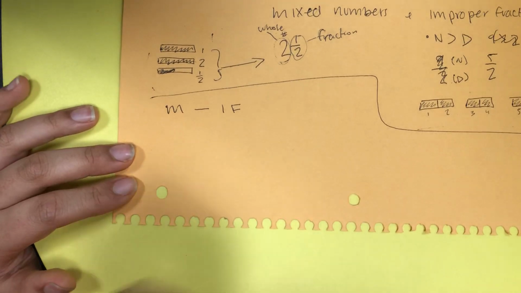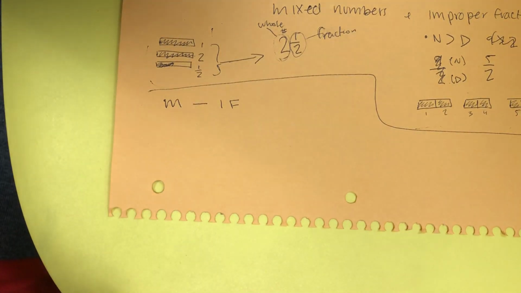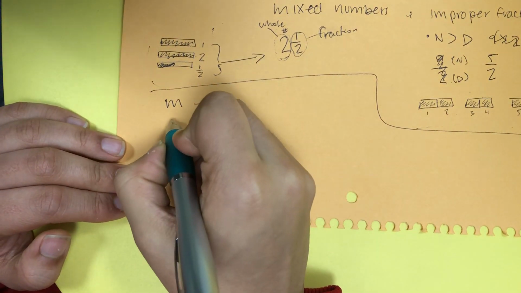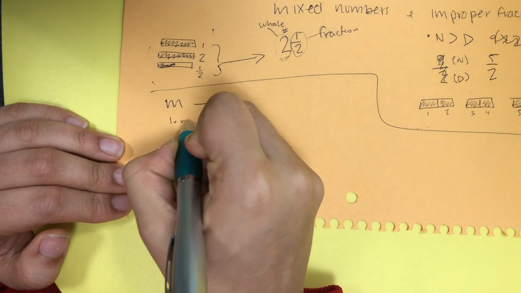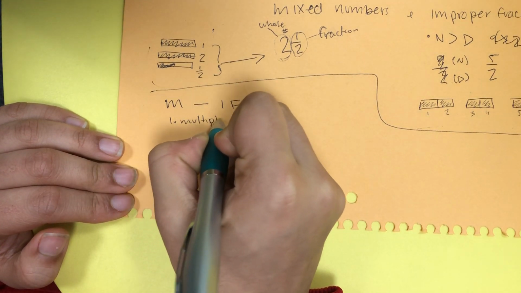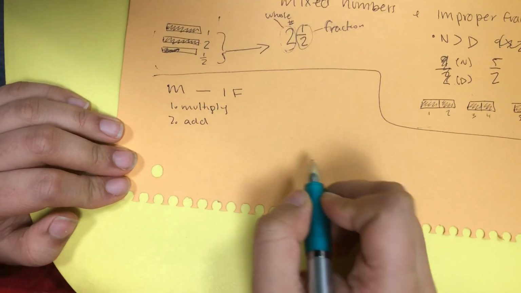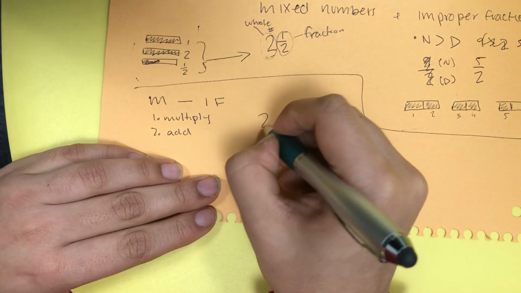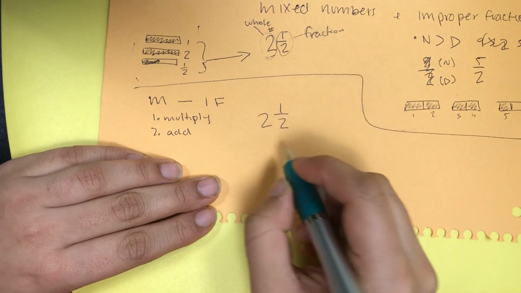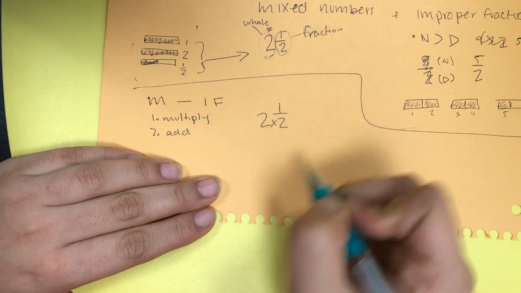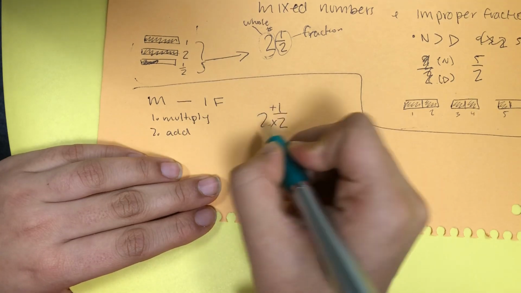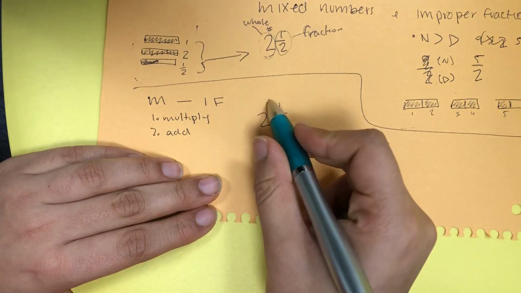The way that I was taught to do it is there's 2 steps. The first step is to multiply, and the second step is to add. And that's how I would do it. So in this case, 2 and 1/2, we would multiply the 2 times 2, and then we would add the 1.